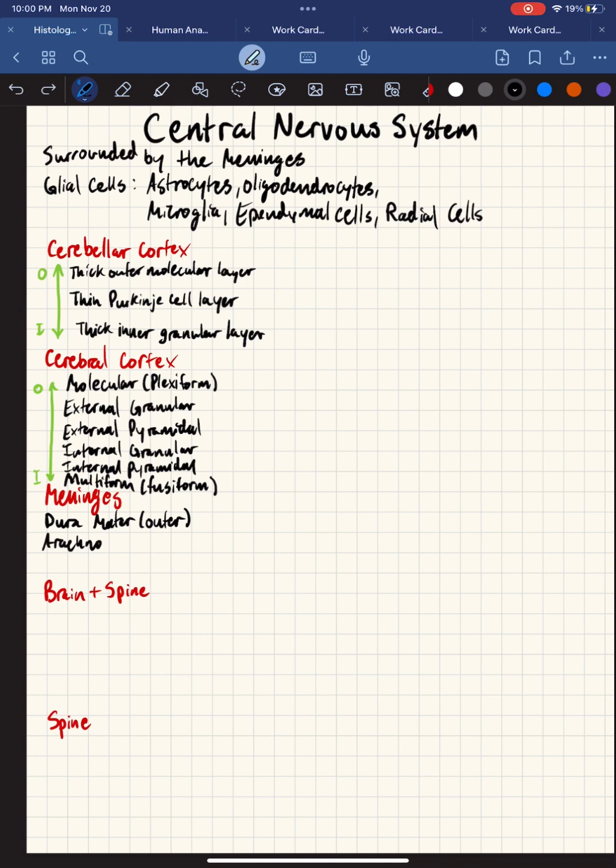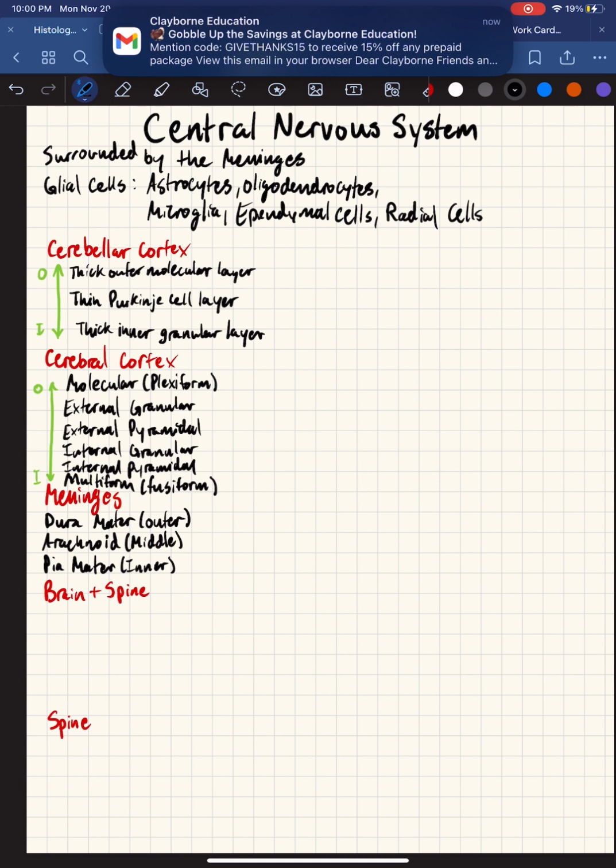I guess the Greek scientists looked at it and they were like, ooh, spider, let's name it arachnoid. So, thank them for that, I guess. I guess we'll see in anatomy class. Then we've got the innermost layer, which is going to be the pia mater.